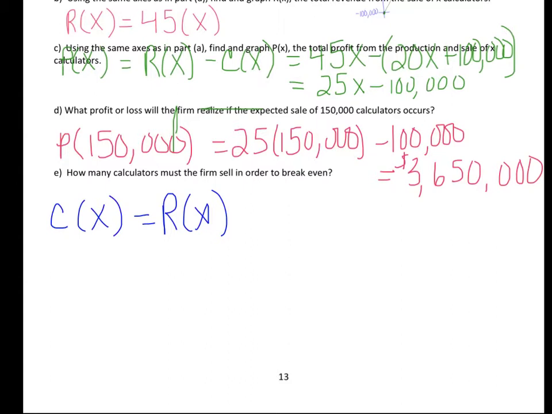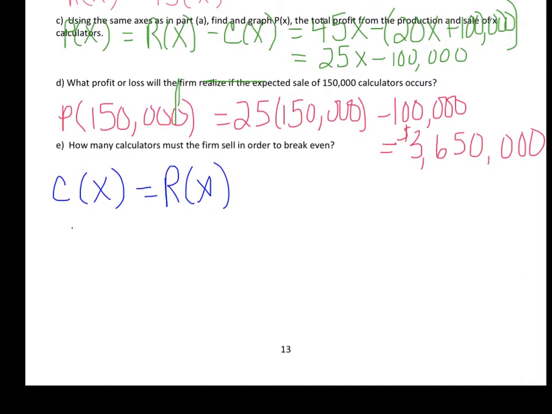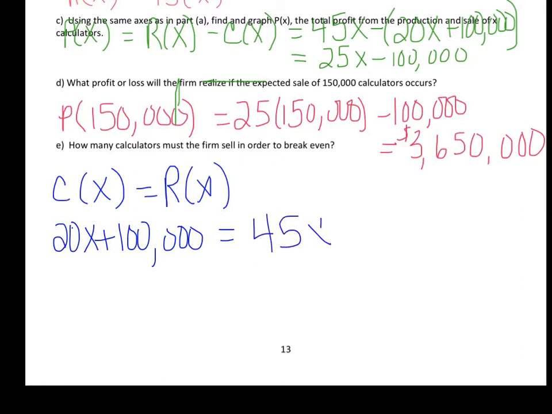Alright, so the cost function was 20x plus 100,000. And revenue, that was 45x. So just a pretty simple algebra problem to do.